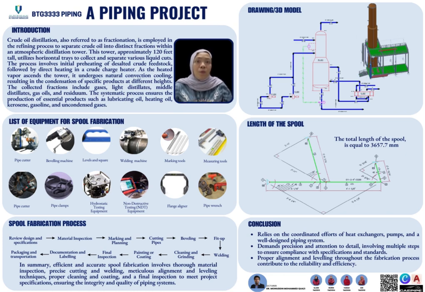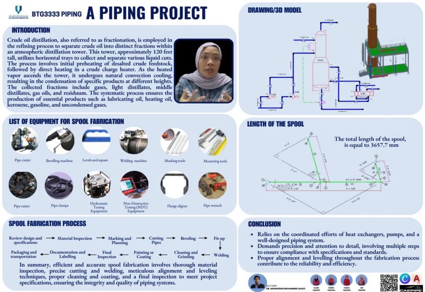Major products like lubricating oil, heating oil, kerosene, gasoline, and incandescent gas are captured at progressively higher points on the tower. The fractionating tower stands around 120 feet tall. It is a steel cylinder with horizontal trays inside. These trays separate and collect various liquid cuts.